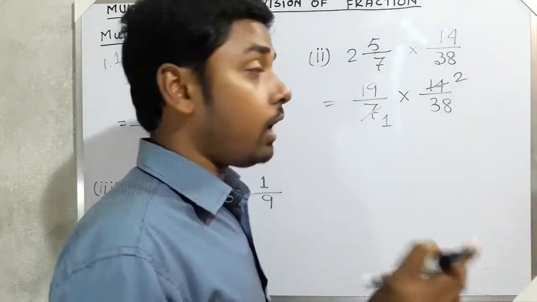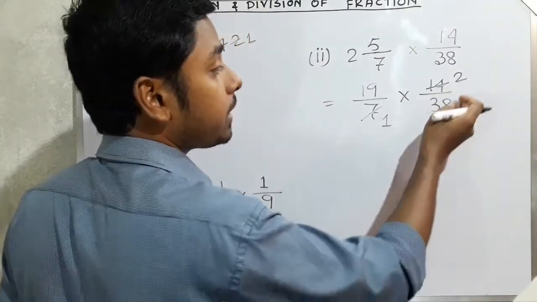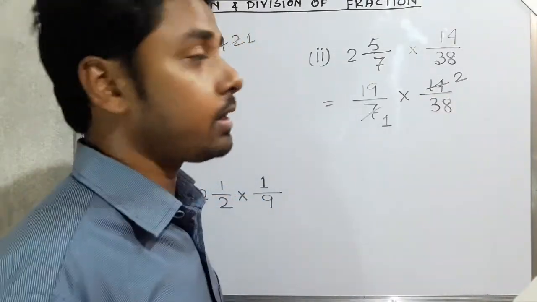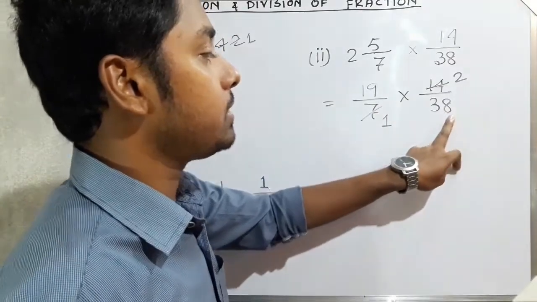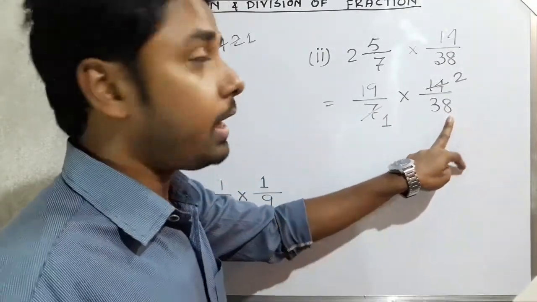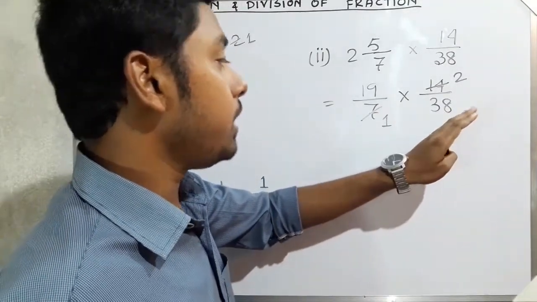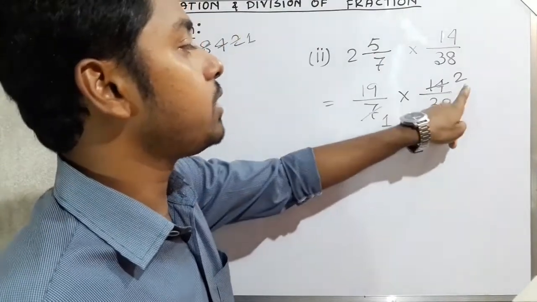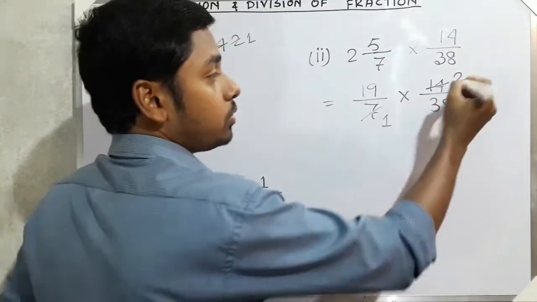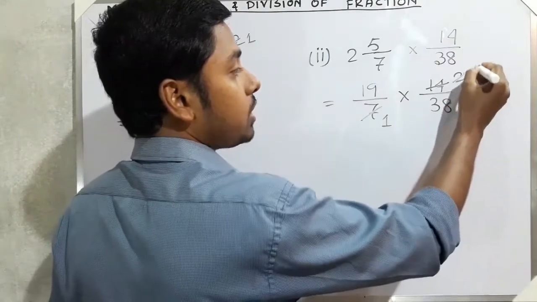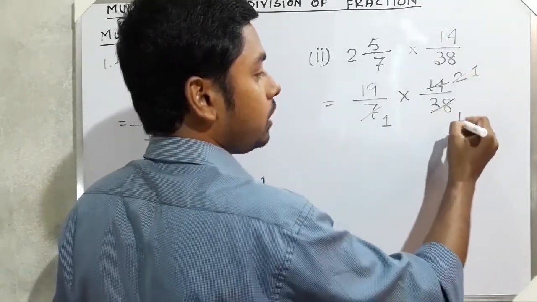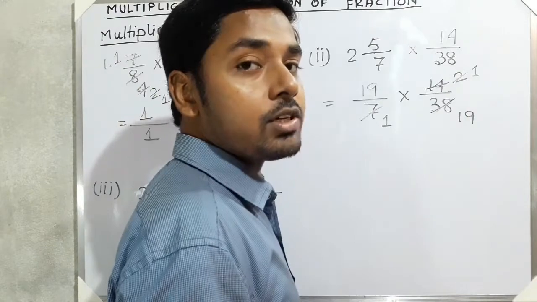How do you know that 2 and 38 can be cut? You can see here 38 is an even number, and an even number will obviously be cut by 2. So 2 1s are 2 and 2 19s are 38.